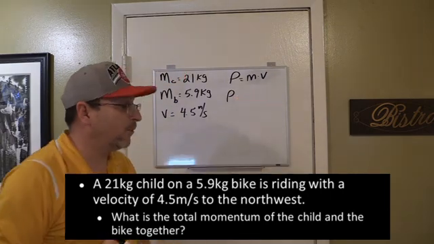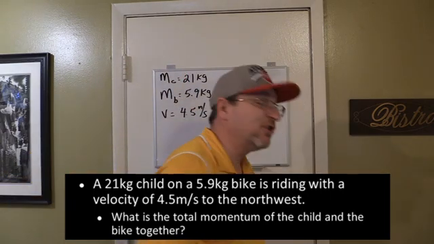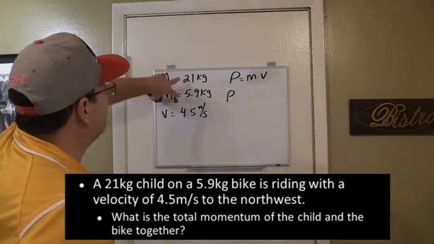All right. The first one was, what was the mass of the child and the bike? So I have to add these two together.